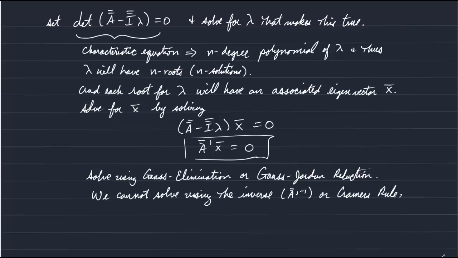But the answer is, the reason we can't solve it using the inverse or Cramer's rule is because, again, the determinant of A prime is equal to 0. And so any matrix with a 0 determinant doesn't have an inverse. And again, Cramer's rule was inversely proportional to the determinant, so we can't use that either.